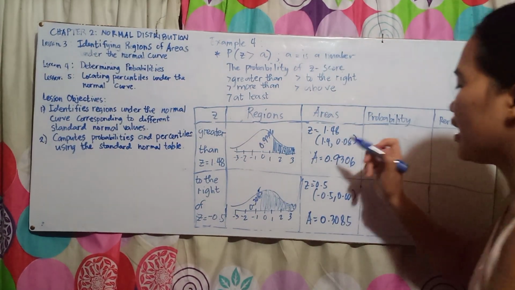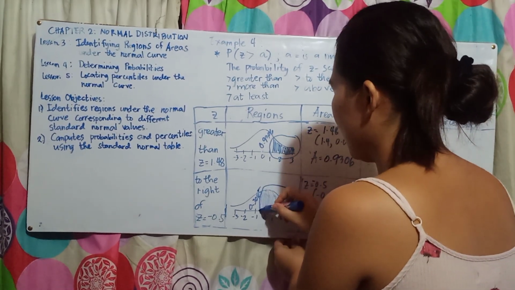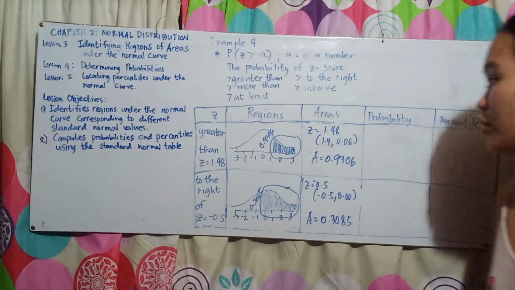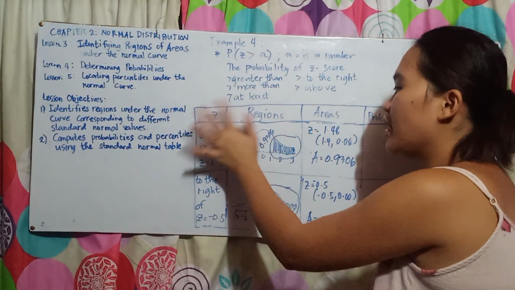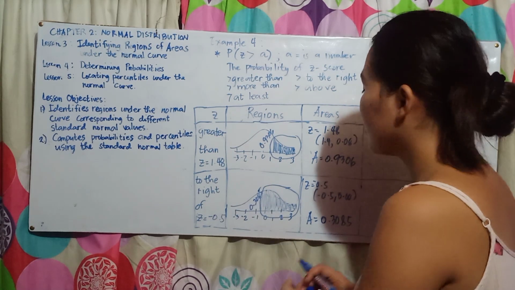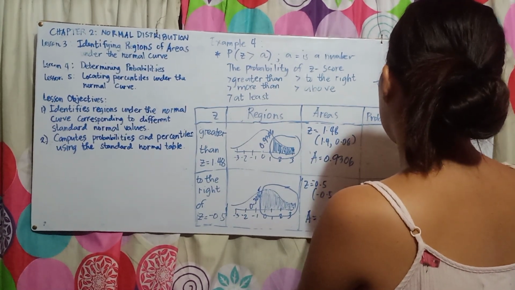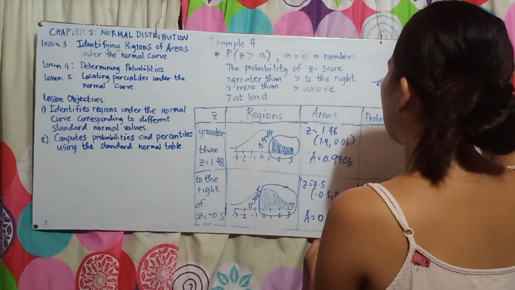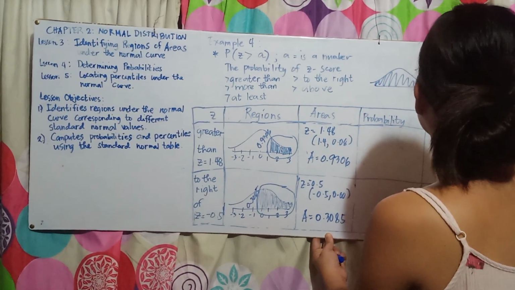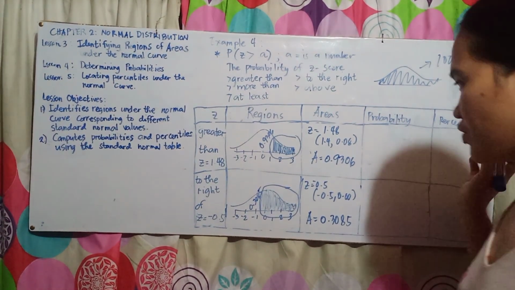So, sa probability, i-compute na to kung pila na dira kanang naka-shaded portion. So, pag ma-shade ang isa ka whole na curve, is approximate to 100%, or 1. Area is 1. Ang percentile is 100%.